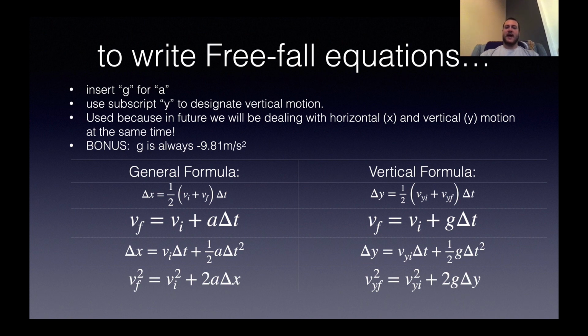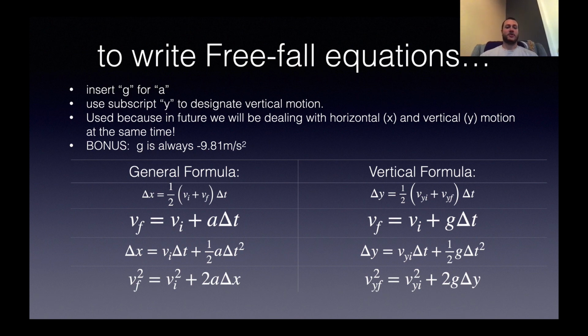So if you look at the top vertical formula there, that v_yi would be read as the initial vertical velocity. So i for initial, y for vertical, v for velocity. Initial vertical velocity is v_yi. v_yf would then be read as the final vertical velocity. f for final, y for vertical, v for velocity.